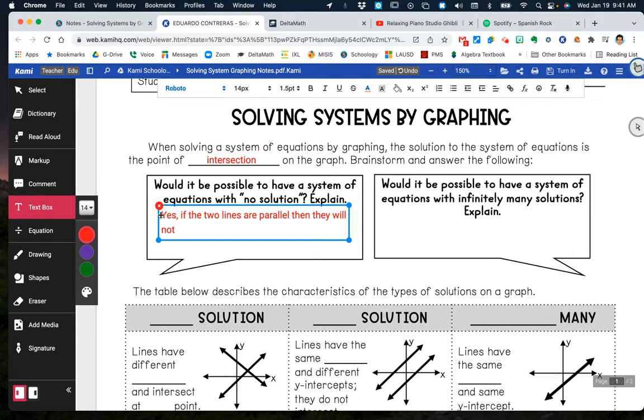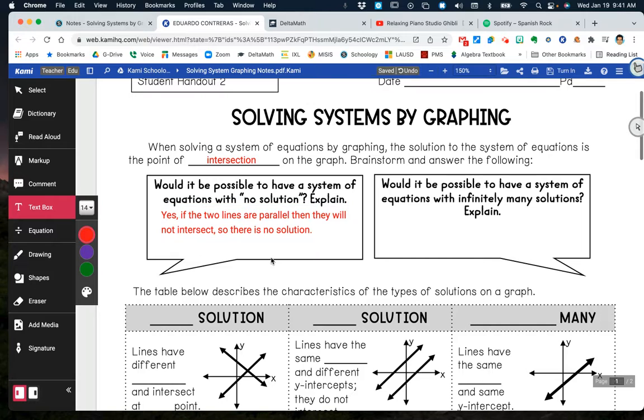What do you guys want to use? Intersect. So there is no solution. Boom. Good brainstorm. All right. So that's the first one.